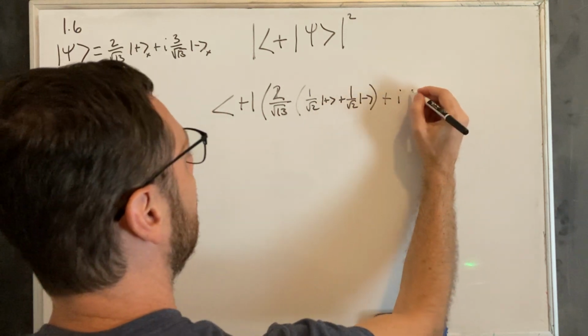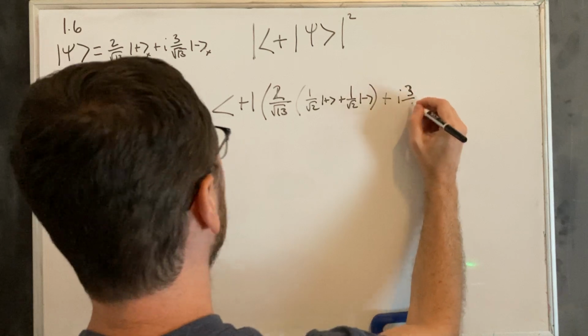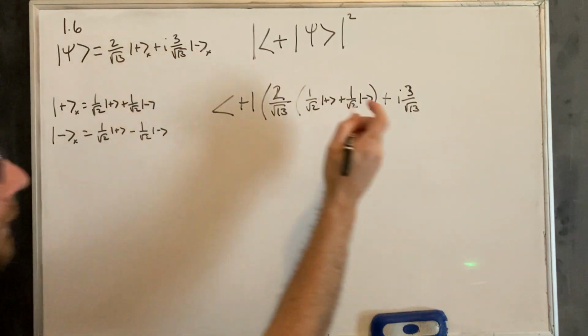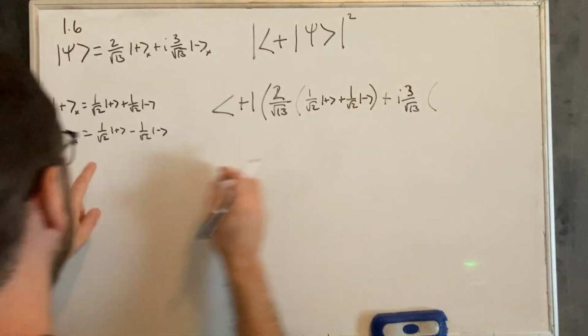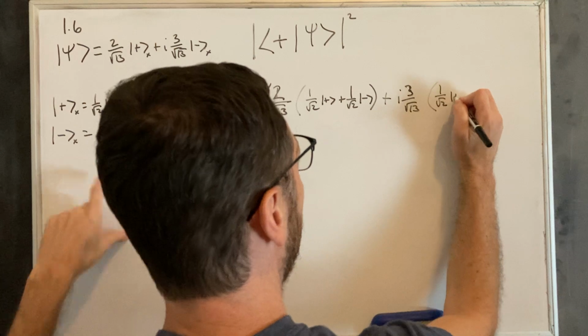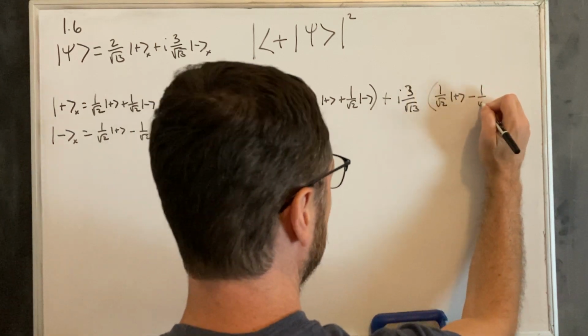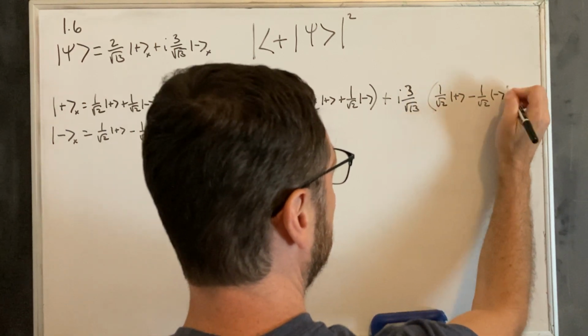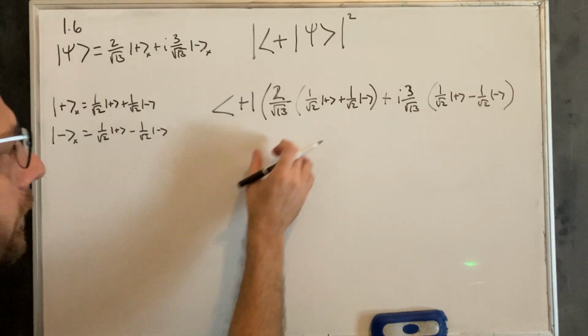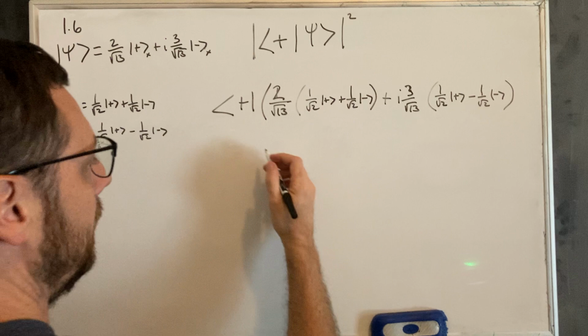i 3 over root 13. And then we have this down ket right here in the x direction, and that is right here. So 1 over root 2 up minus 1 over root 2 down. Okay, so then we can multiply this out. So let's go ahead and just distribute these here.